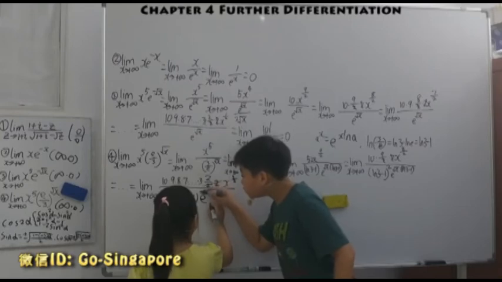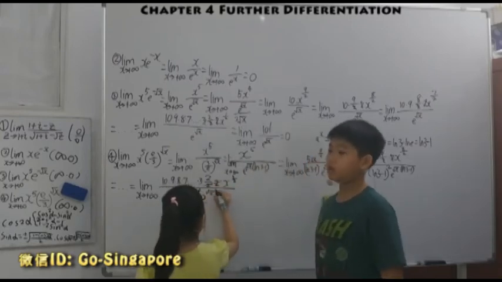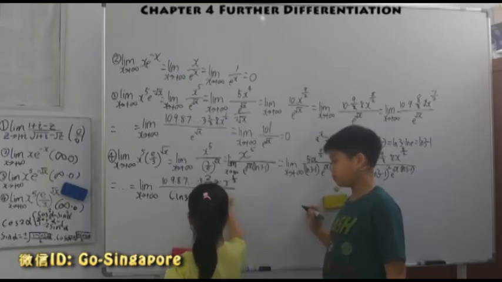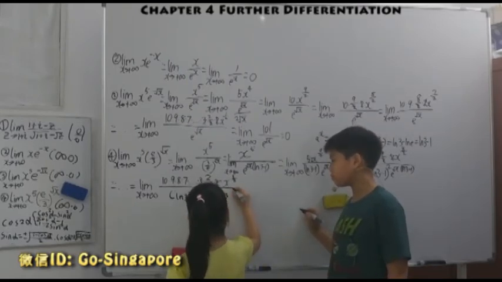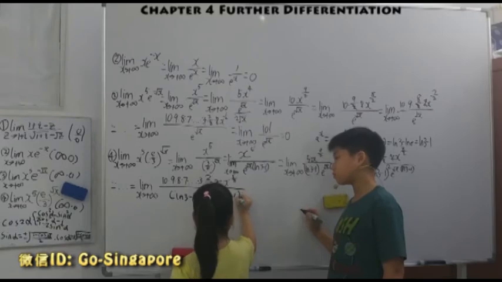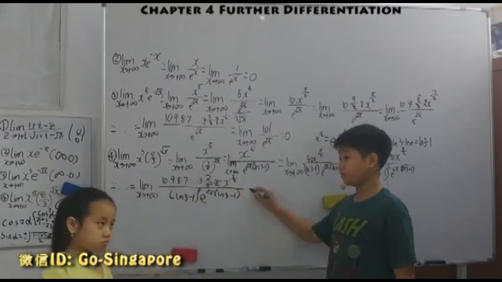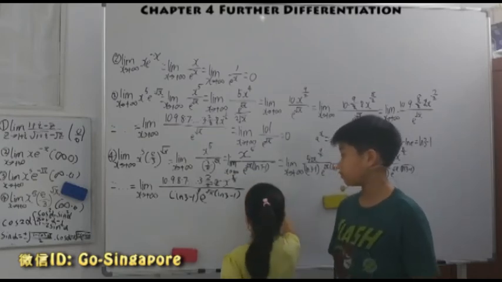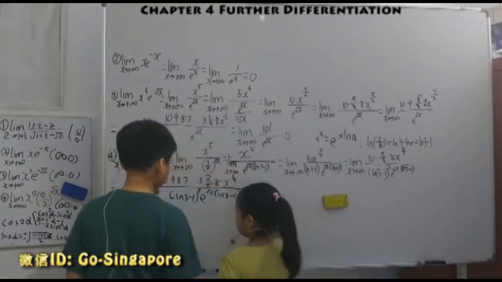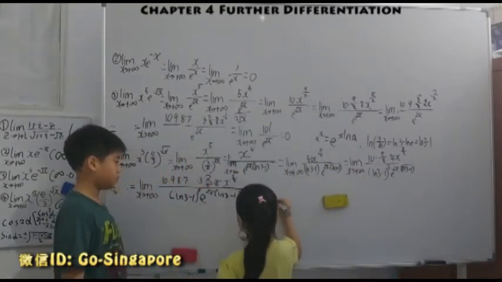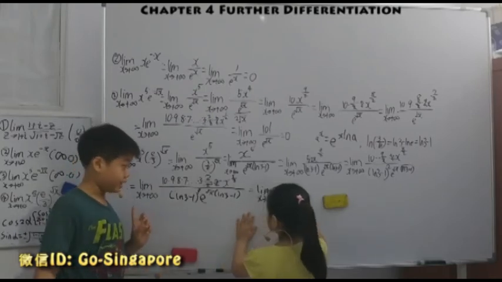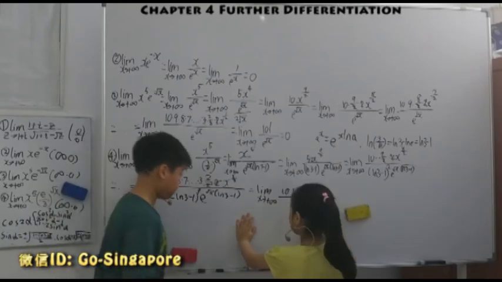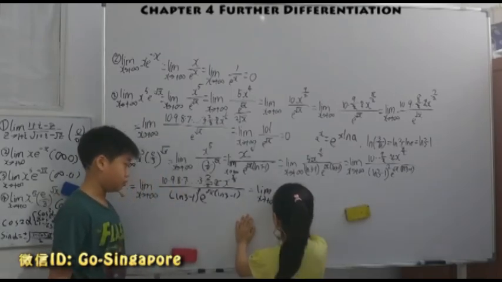Then the limit, quickly, yes, 10 factorial, then the things below.